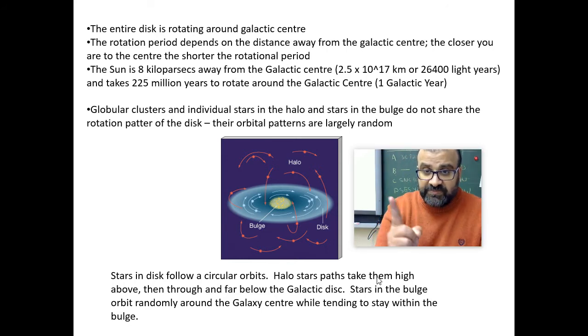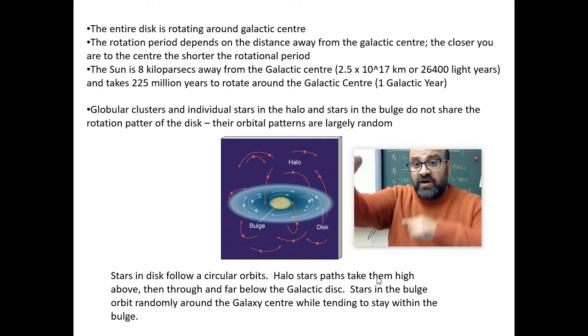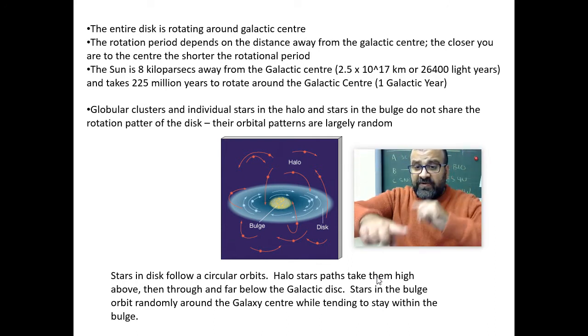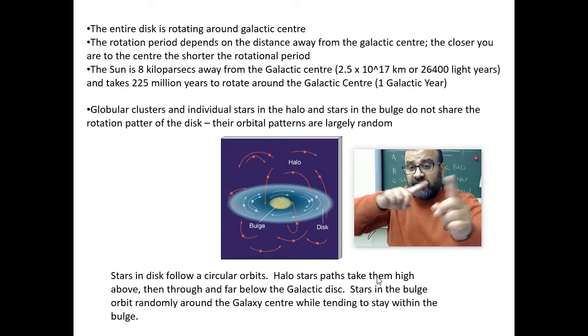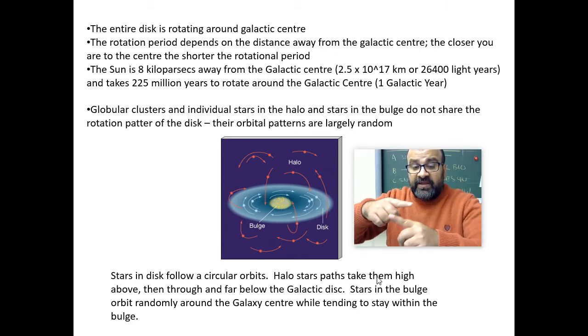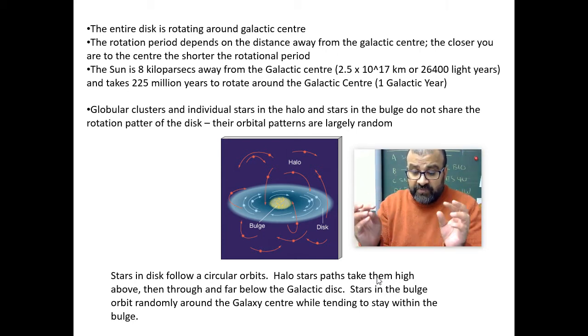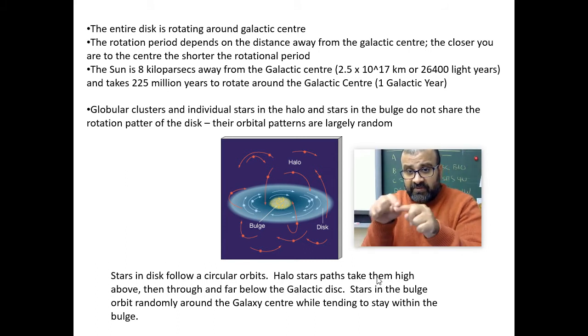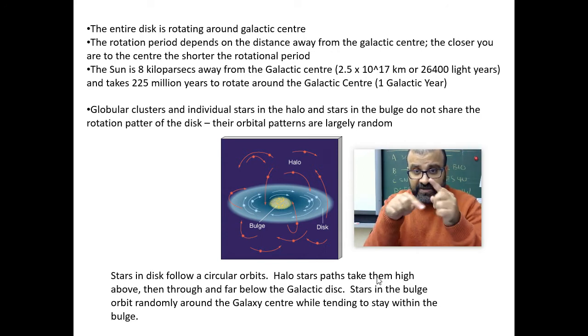The disk, spinning flat around. Okay, the halo stars spinning all sorts of ways, high above and far below the galactic plane or the disk. Right? And then you've got the bulge, right, close to that central black hole where the stars are zipping around, and they usually stay within that galactic bulge, zipping around in the center.